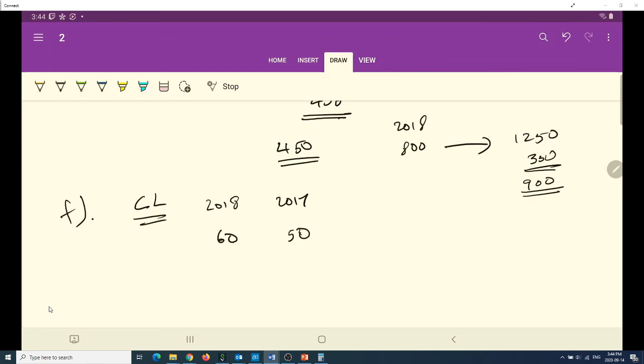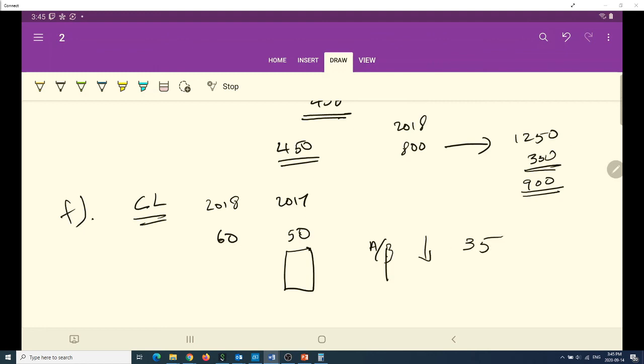The question says it reduced its accounts payable by 35 million during 2018. So from here to here, the accounts payable went down by 35 million.